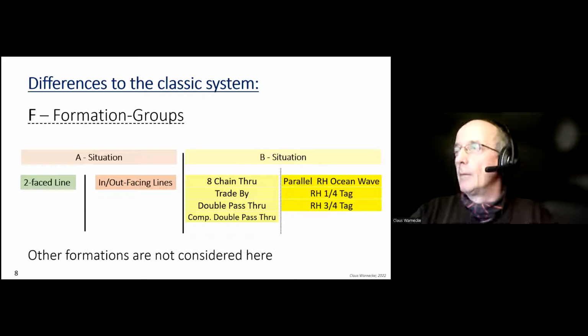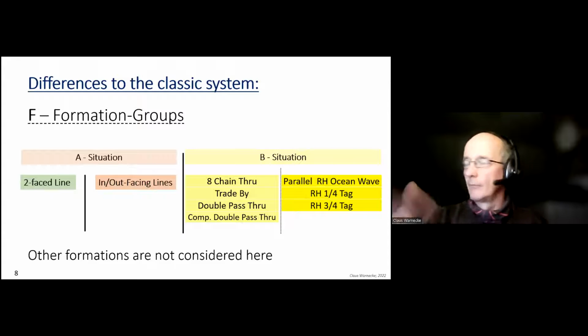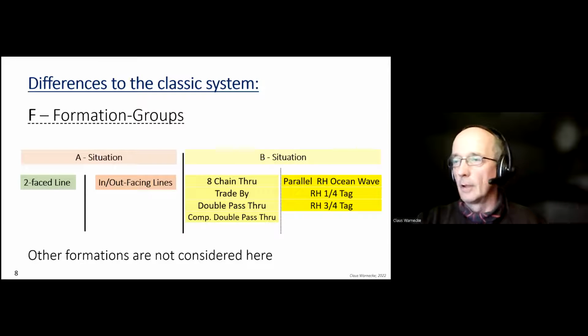There are many more formations, but they are not considered here, because if you resolve a square, you cannot do it from columns or diamonds or something. You have to use one of these formations.